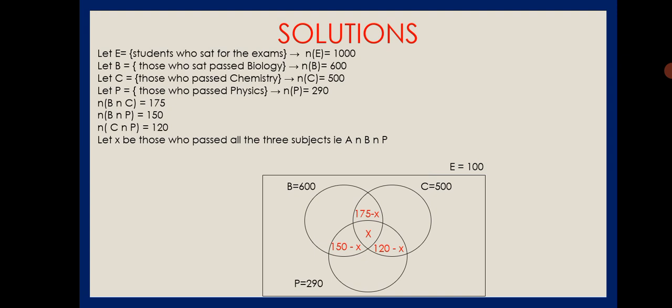Students who passed both biology and physics, we said it is 150, and it's also one of the regions there. Between chemistry and physics, we said it's 120, and it's also one of the regions, where our x is centered in the middle, standing for all the students that passed the three subjects.